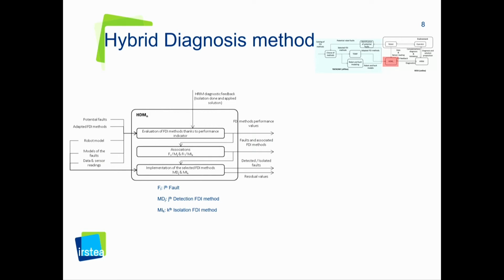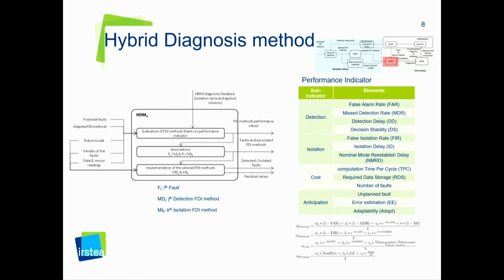First step is to evaluate each and every method that can deal with each fault in order to choose the most performant method that can detect a fault, and the best method that can isolate a fault, because detection is not the same as isolation, as we say.